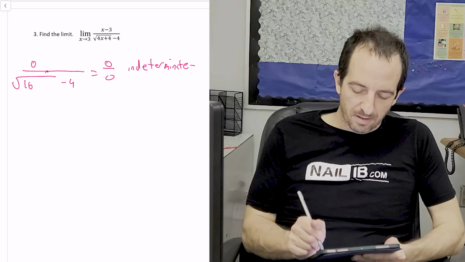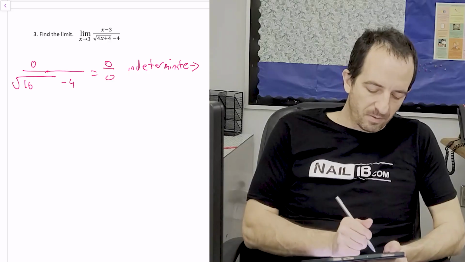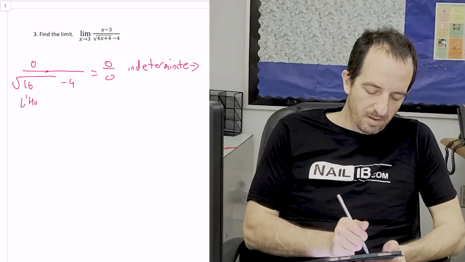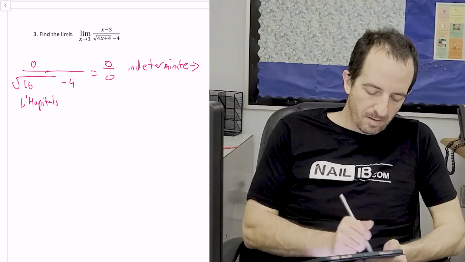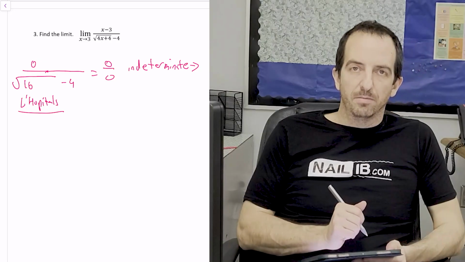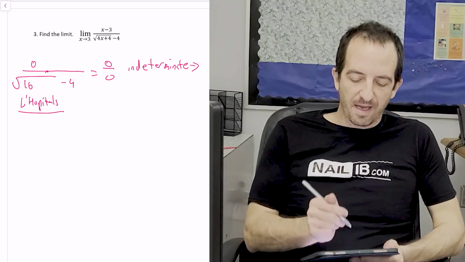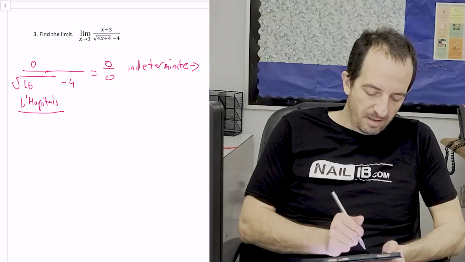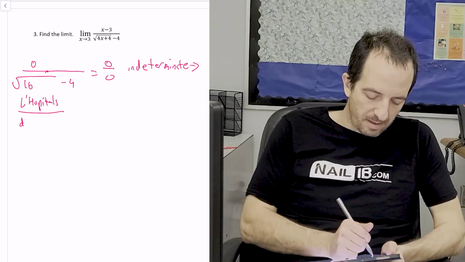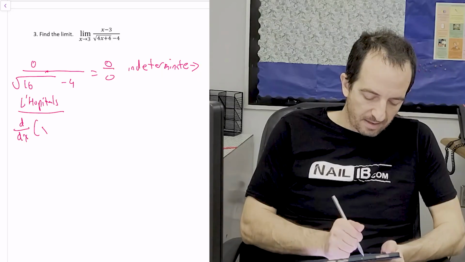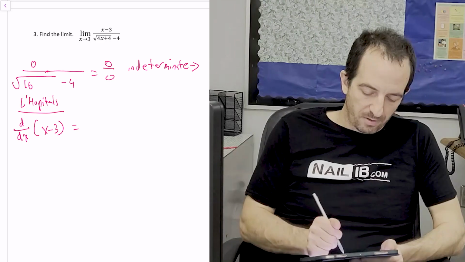As a result, we could use L'Hopital's rule. Again, we know we take the derivative of the top. The derivative of the top will be dx of x minus 3. That's equal to simply 1.